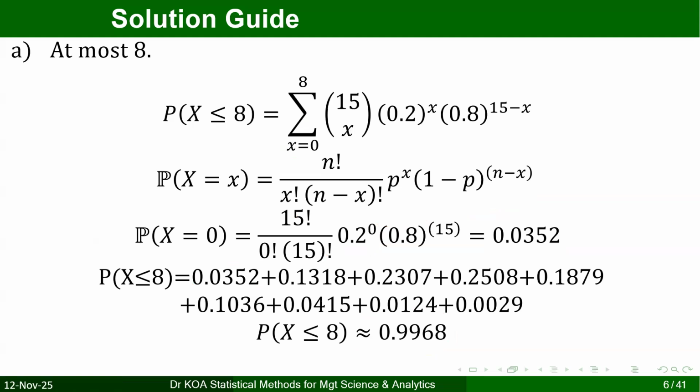You mean the probability that X is equal to 8? Yes. Okay, and what will be your answer? It will be the same 0.9968. That will not be correct.